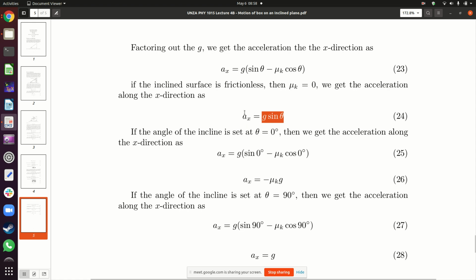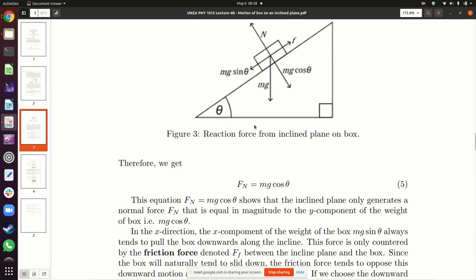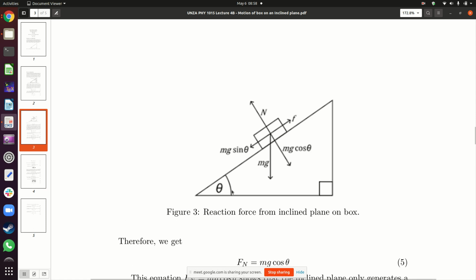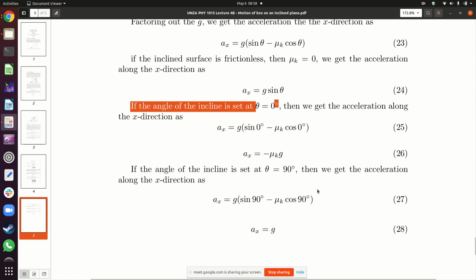On the other hand, if your incline becomes horizontal, it becomes flat, so you're changing the angle of the incline from whatever it is to 0 degrees. If this angle theta becomes 0, then a_x is going to be equal to g, then sin 0 degrees minus mu_k cos 0 degrees.